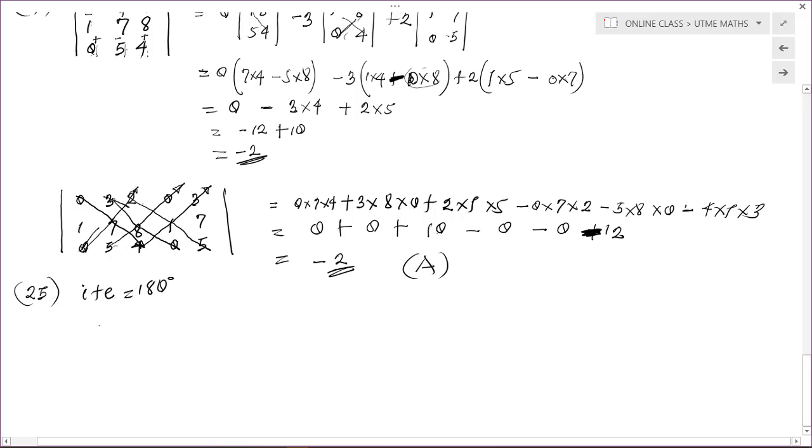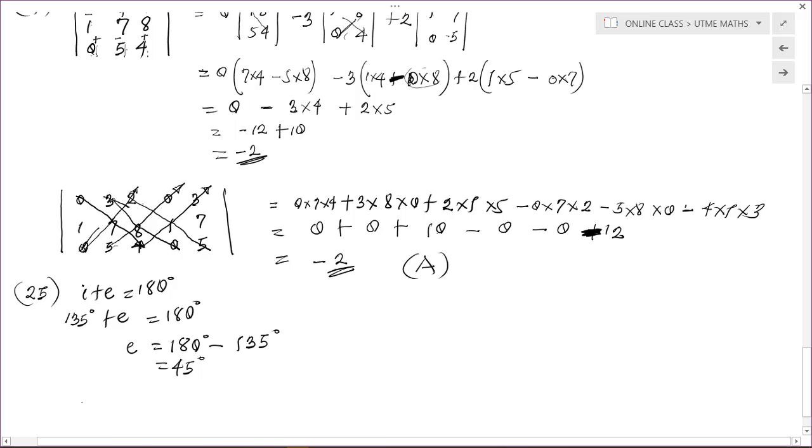They say that the interior angle is 135 degrees. We don't know the exterior. So we add interior and exterior together, it must give you 180. So that will be 180 degrees minus 135 degrees, which is equal to 45 degrees.